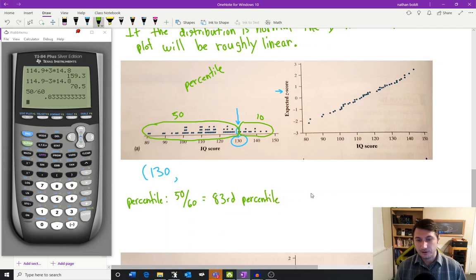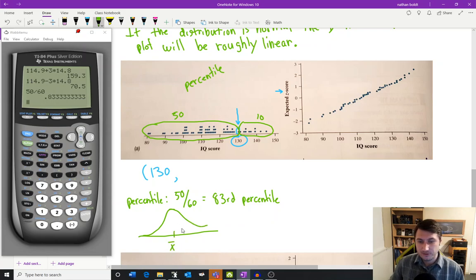Now if this were normal, what z-score would the 83rd percentile have? Well, that's what I'm going to calculate. Remember, here's my quick normal curve. Here's the mean.